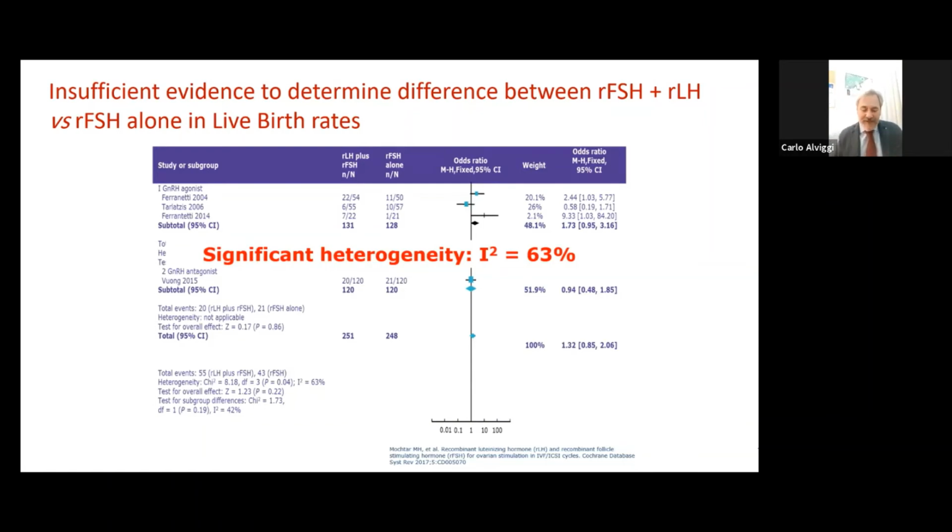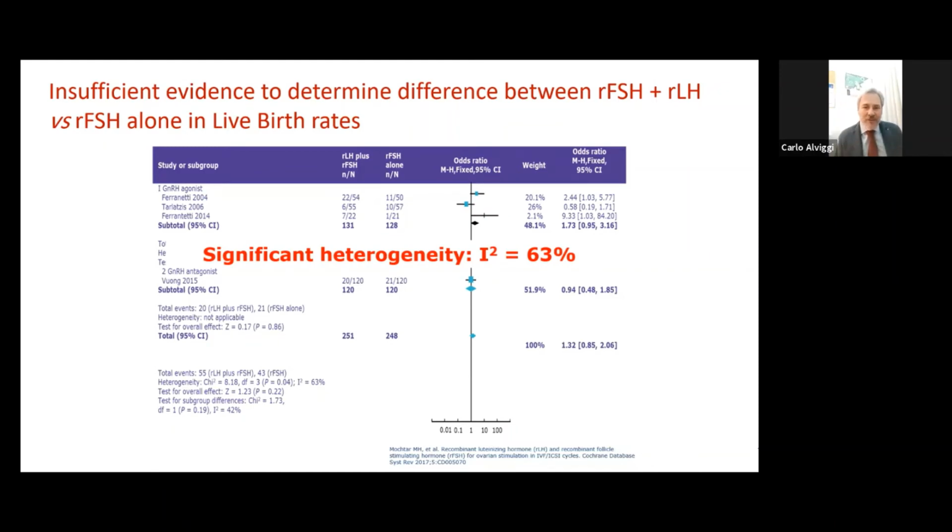So it is incredible, because one thing is to say I don't have sufficient evidence to say something, and a totally different thing is to say I have the evidence that something doesn't work. In this case, we don't have sufficient evidence because only 500 cycles reported the live birth rate, but we cannot say that there is evidence that it doesn't work.